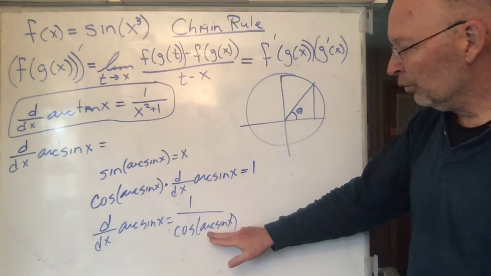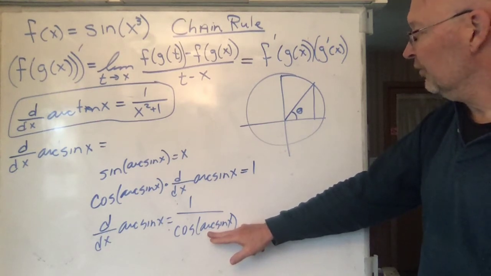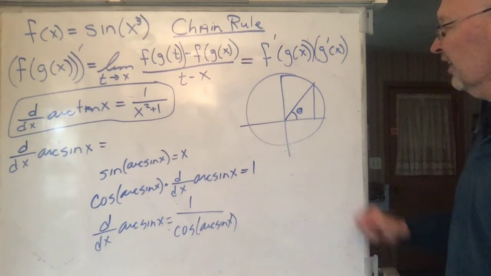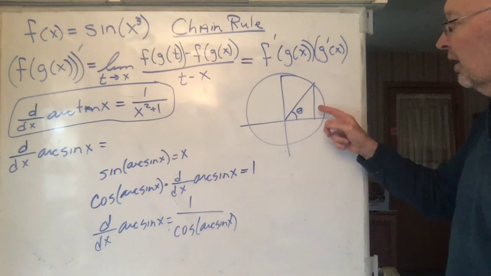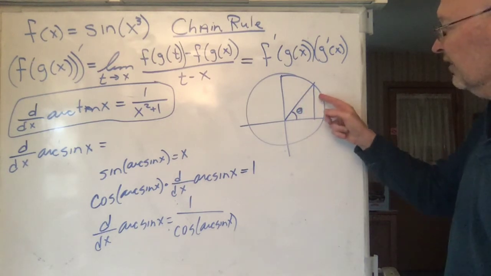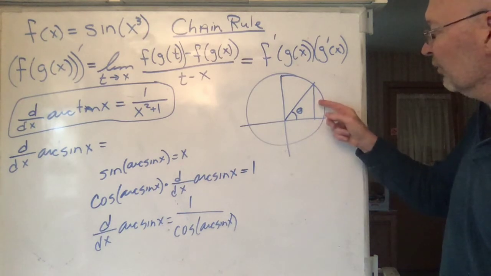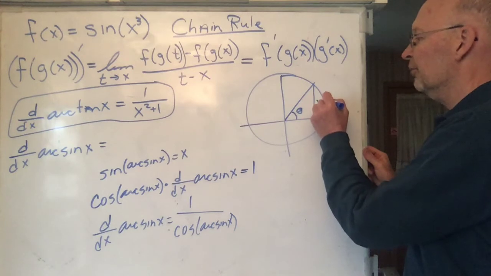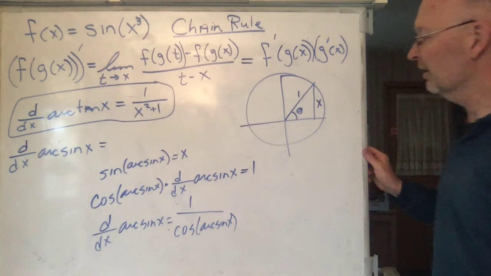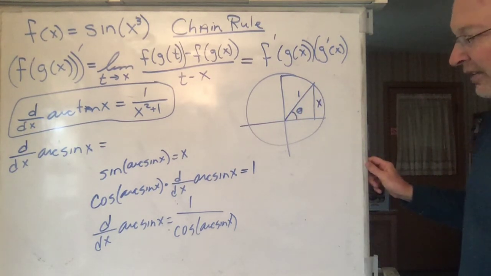There's the angle whose sine is x. What's the easiest way to make an angle whose sine is x? Sine is this over this. Cosine is this over this, and tangent, of course, is this over this. We want the sine, so we want this over the hypotenuse. So for the sine to be x, we can make this be x and this be 1. There's an angle whose sine is x.